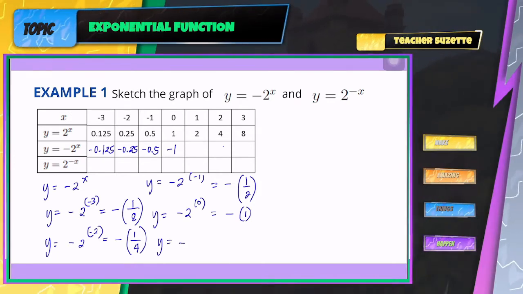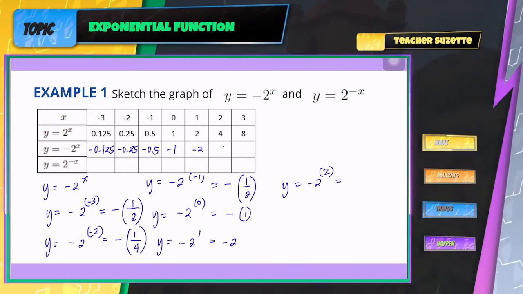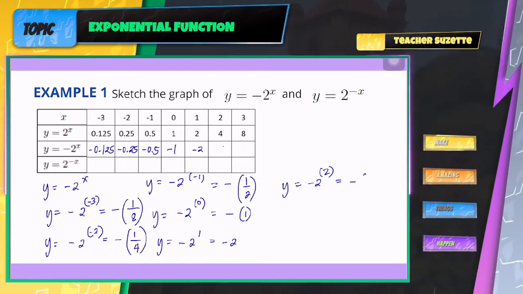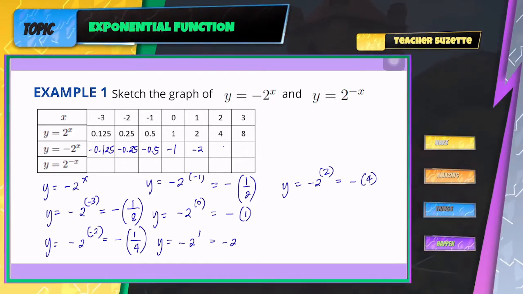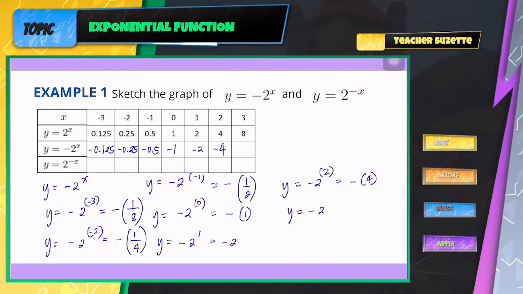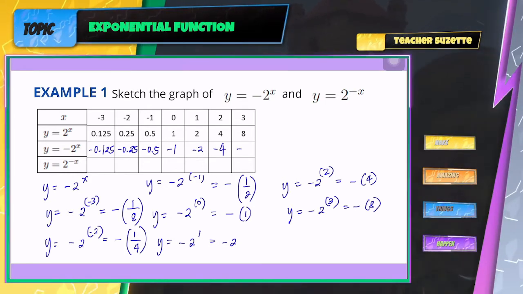Next tayo, we have negative 2 raised by positive 1. So, that is negative 2. Next, we have y is equal to negative 2 raised by positive 2. So, 2 raised to 2 is positive 4. So, you will have negative 4. Next, y is equal to negative 2 raised by positive 3. So, you will have negative 2 raised to 3. That is positive 8. So, you will have negative 8.